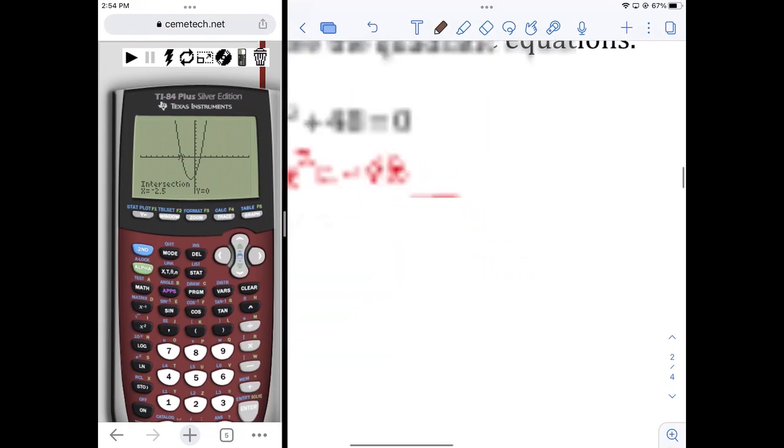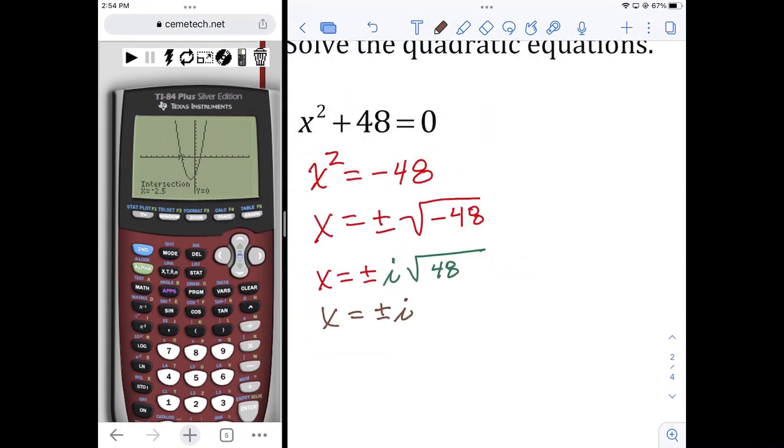So remember, if you're not sure how to simplify a radical, you could do the upside down birthday cake. 48, 2 goes into it, 24, 2 goes in 12, 2 goes in 6, 2 goes in 3, 3 goes in 1, and then there's the flame. So there's a pair of 2's, so one of them comes out.